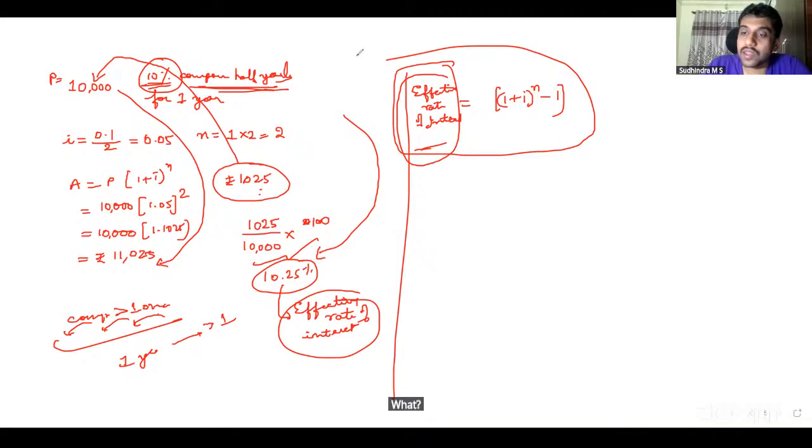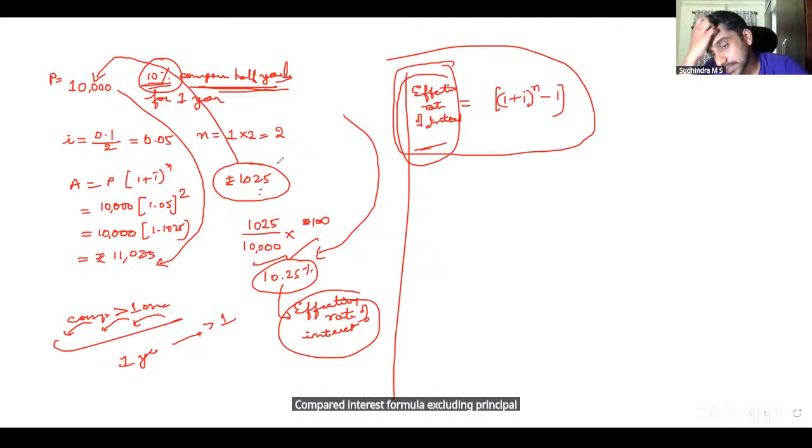Principal. Excluding principal. Compound interest formula excluding principal. Below that, example.